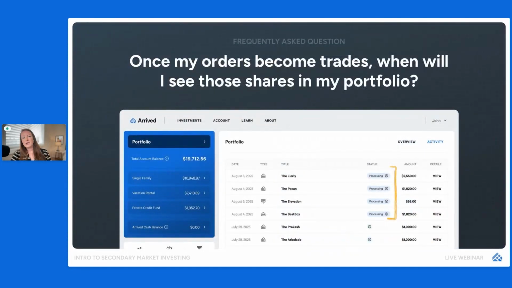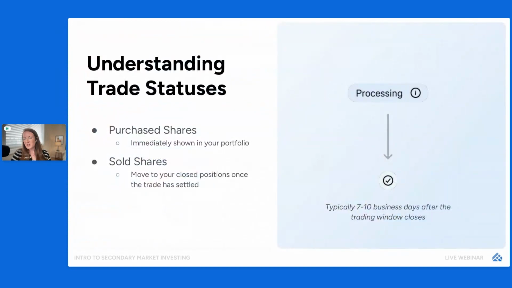And now that we're talking about that activity table, let's go over trade statuses and money movement. When will you see newly purchased or sold shares reflected in your portfolio? As soon as an order matches, it is final and will populate in your activity table with the status processing. Shares from buy orders will immediately be shown in your portfolio, and shares from sell orders will not move into your closed positions until the trade has settled.